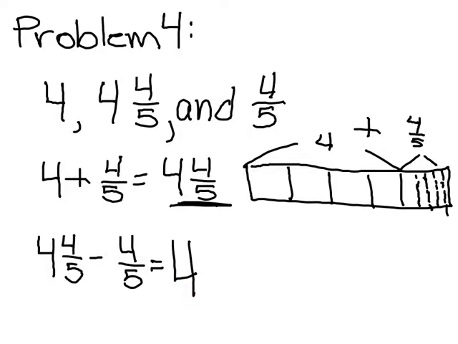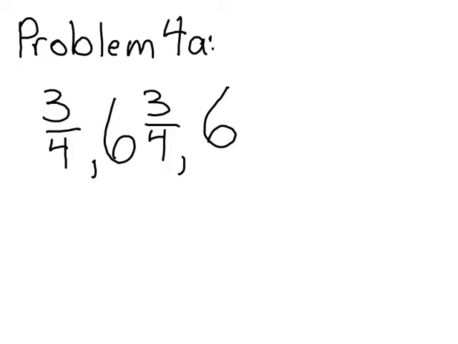We have a number of problems like this. Let's move on to the next one. In problem 4a, we will be showing the relationship between 3/4, 6 and 3/4, and 6. Again, I'm going to show an addition and a subtraction problem with that relationship. The first one, we'll look for a total, so we'll add 6 plus 3/4 equals 6 and 3/4.